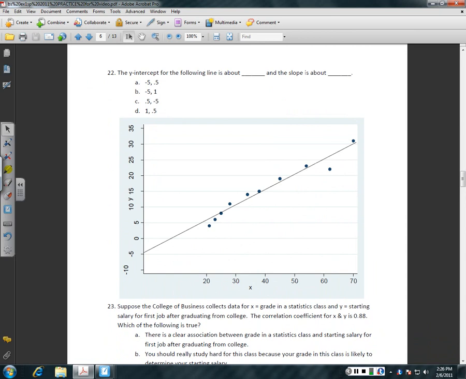Okay, so for number 22, it just gives you a graph of a line and asks you about the y-intercept and the slope of that line. And this is estimating by eye.